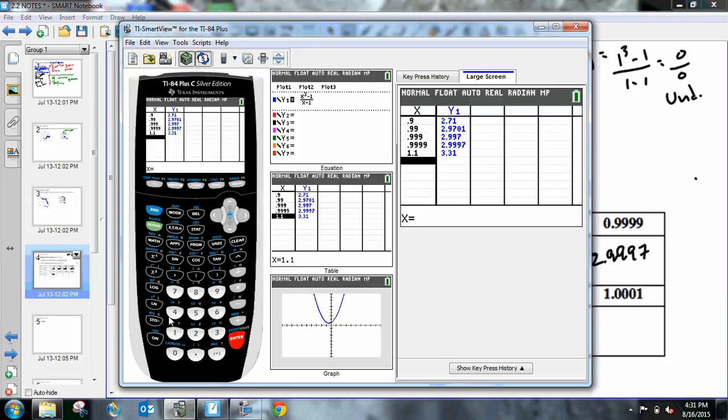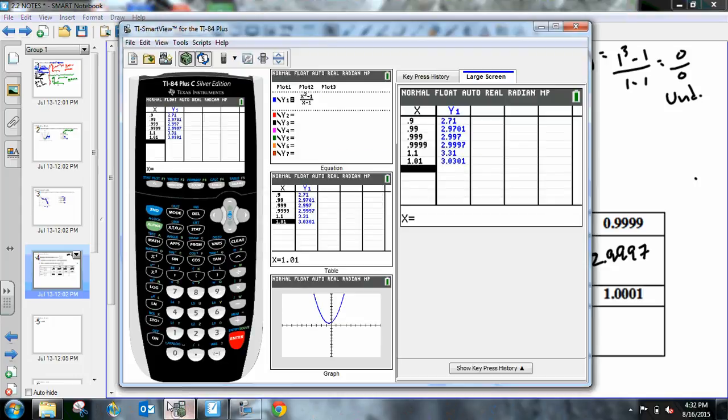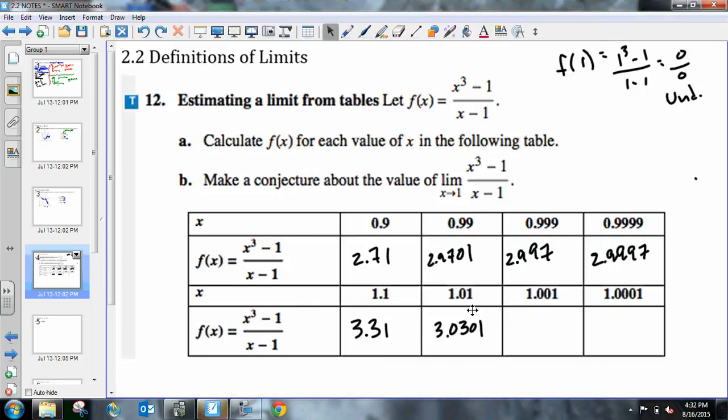Let's plug in 1.01 and hit enter, and we get 3.0301. So let's plug in 1.001, hit enter, and we get 3.003.